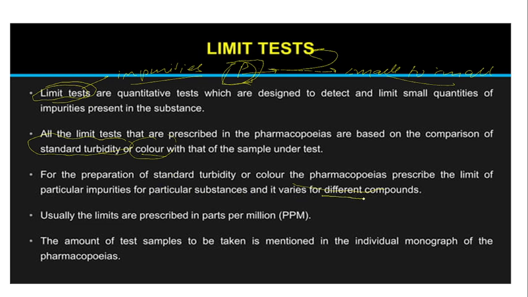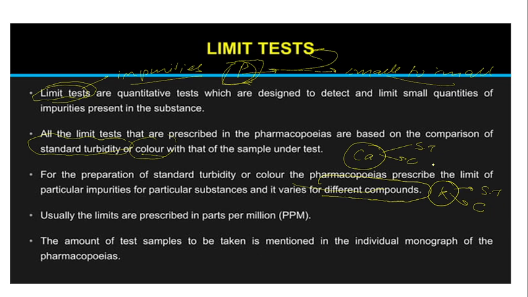They are specific tests. Like if I'm performing a test for calcium, then they have a different standard turbidity and color. If I'm performing it for potassium, then they have a different standard turbidity and color. So it is a very specific type of test, present for different compounds with different colors and standard turbidities.